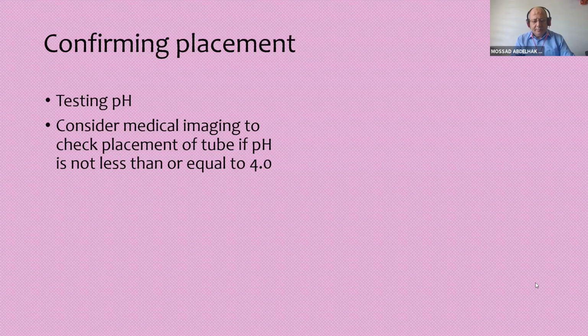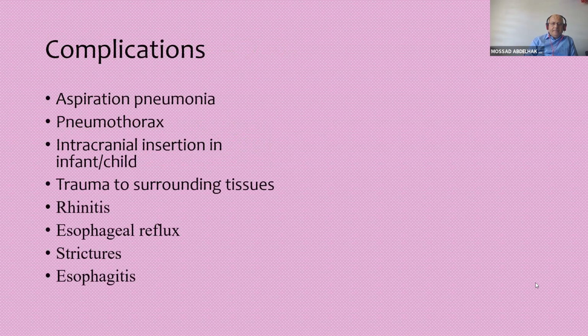Okay, next slide. These are the complications of the nasogastric tube. The complications include aspiration pneumonia, especially in children with absence of the gag reflex, and pneumothorax due to misplacement into the trachea.